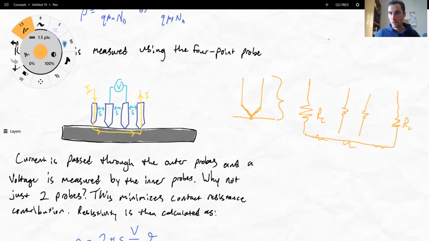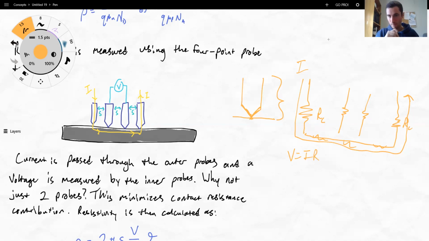Through the outer probes, we're passing a relatively large current, right? And from Ohm's law, P is equal to IV, I squared R, so V equals IR.